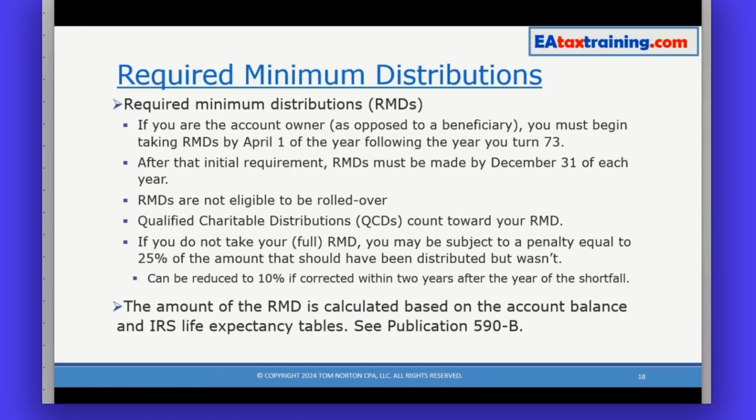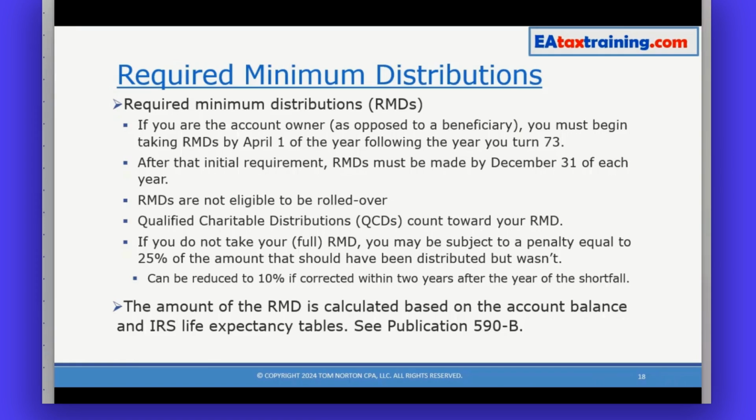So by April 1st of the year following the year you turn 73, so if you turn 73 in 2023, then you need to take a required minimum distribution by April 1st of 2024. After that initial RMD, the RMDs must be made by the end of each year, so by December 31st of each year.